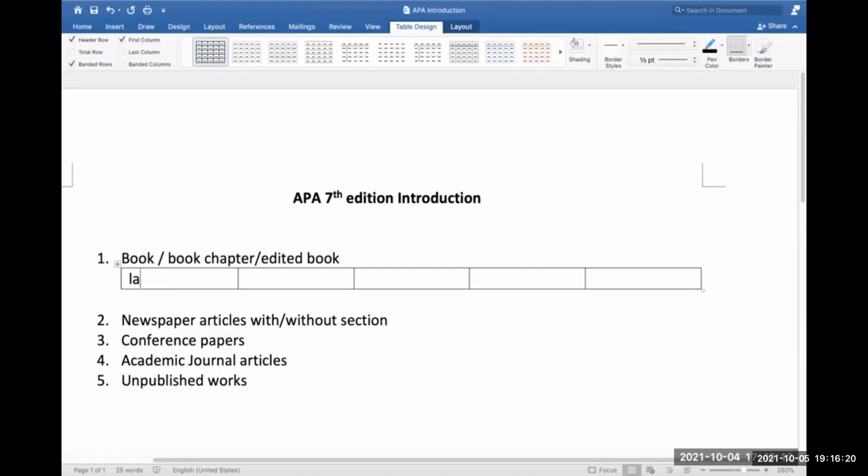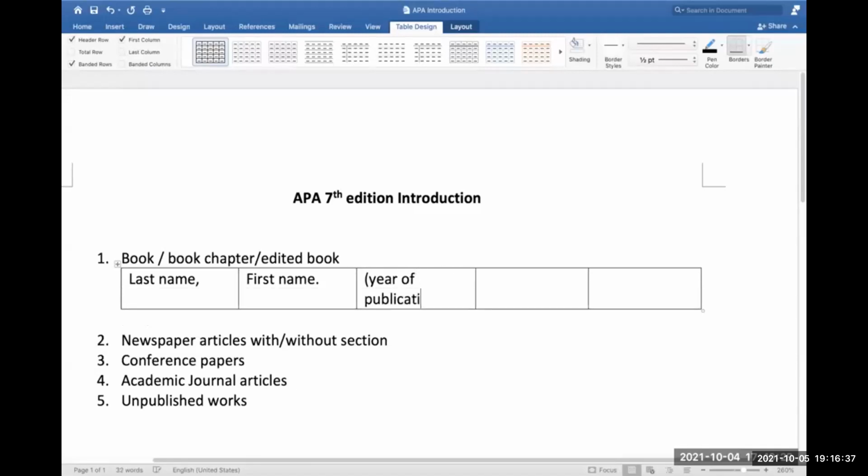So we say last name, first name, let's put the comma, let's put the full stop, open bracket, year of publication, close bracket, full stop.